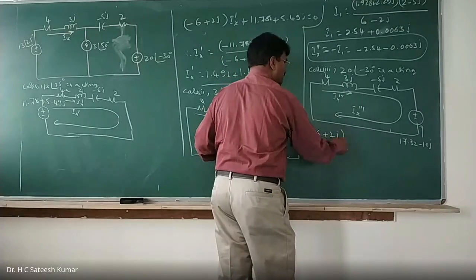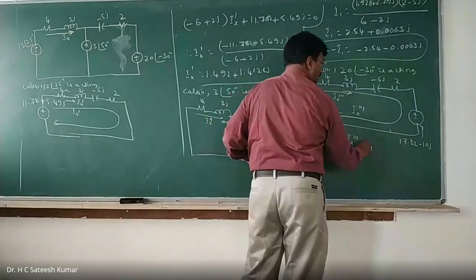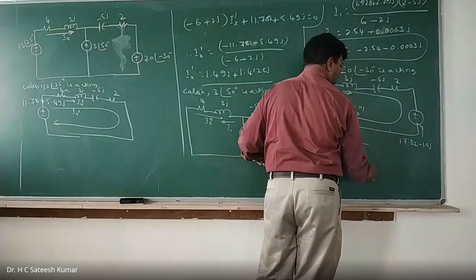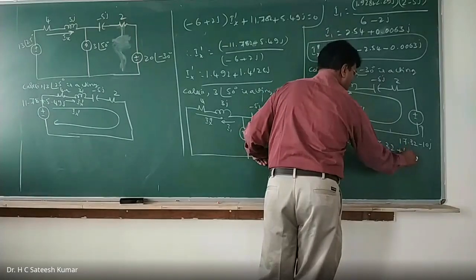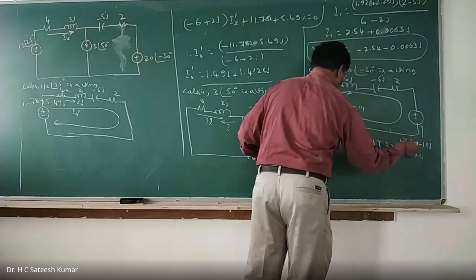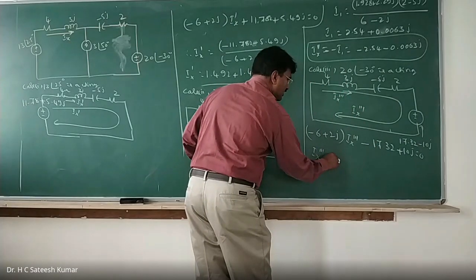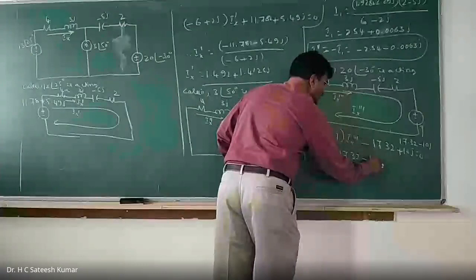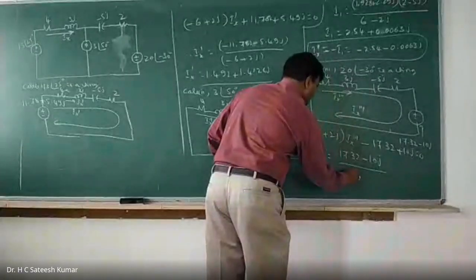Same direction, minus sign you should take. Ix triple dash minus plus 3, to minus 17.32 plus 10j is equal to 0. Transfer to the right hand side and find Ix triple dash. Ix triple dash is 17.32 minus 10j divided by minus 6 plus 2j.